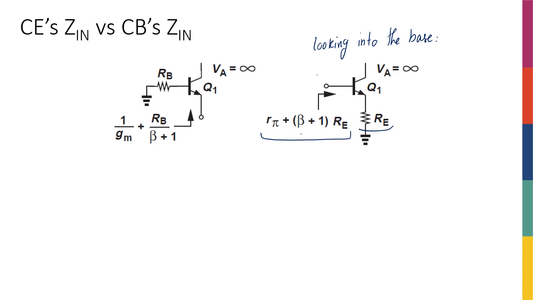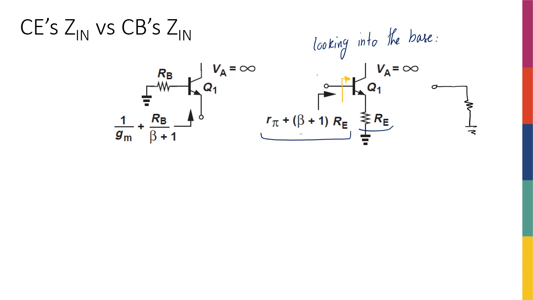And by the way, I've mentioned this before, but I wanted to repeat it. When I say looking into the base, the term looking into something means that if I put an arrow here and ask what I see to the right of this, I want to replace whatever is on the right with just a resistor to ground, keeping the same wire on the left of the orange arrow.